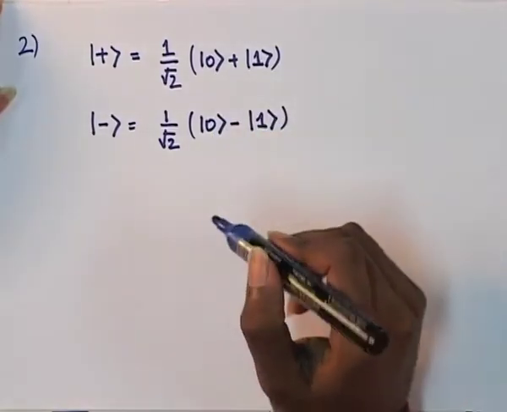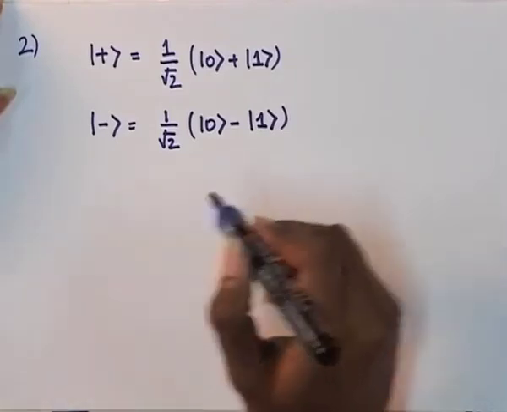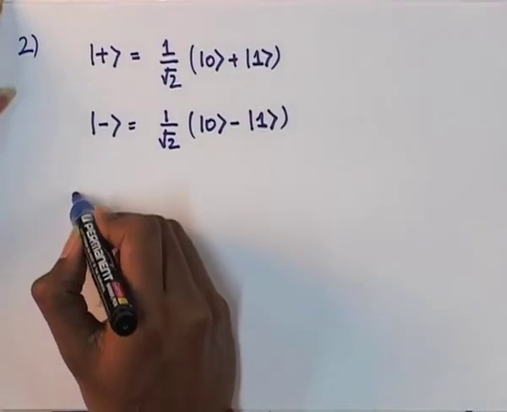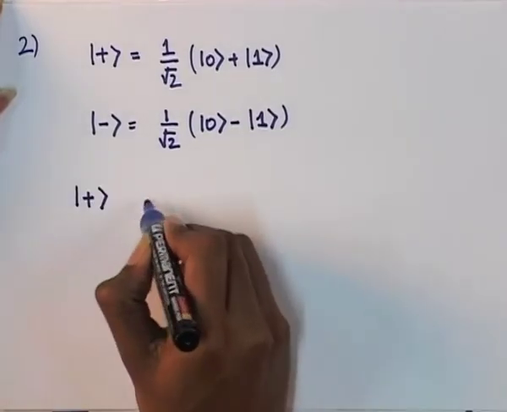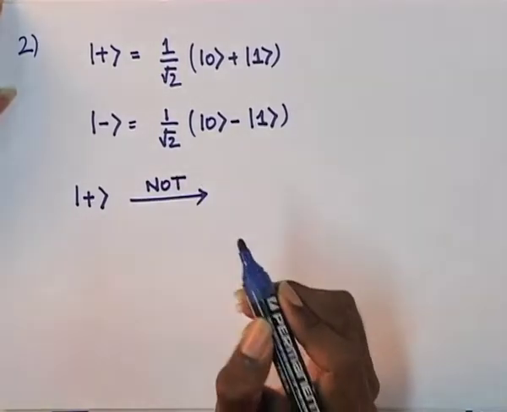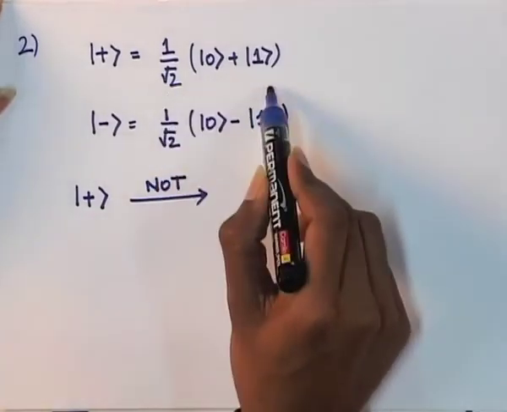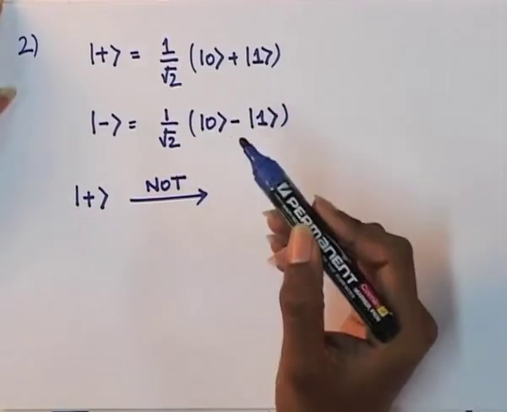So the question asks what is the effect of X gate on these states. On application of NOT gate on this quantum state, what would be the result?